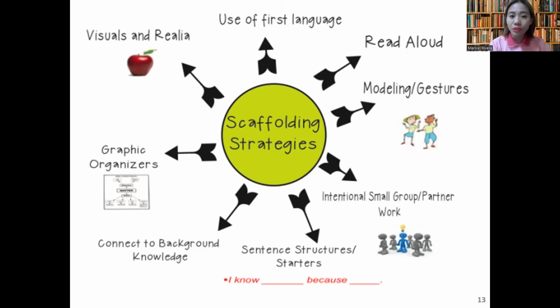And then connect to background knowledge, our prior knowledge, or our schema. We can make use of graphic organizers, which is very effective as well. And then visuals, images, and realia. So these are some of the scaffolding strategies that we can utilize as English language teachers.